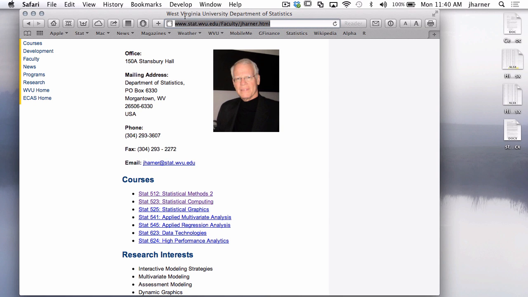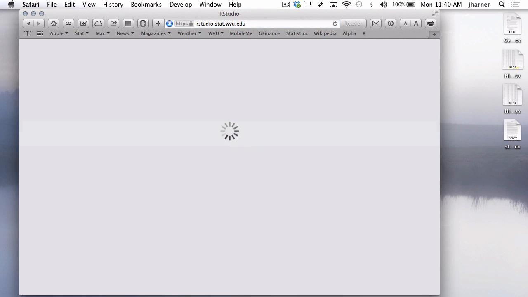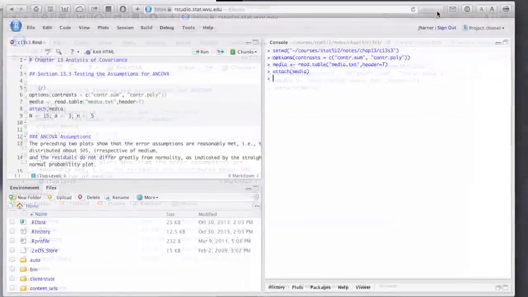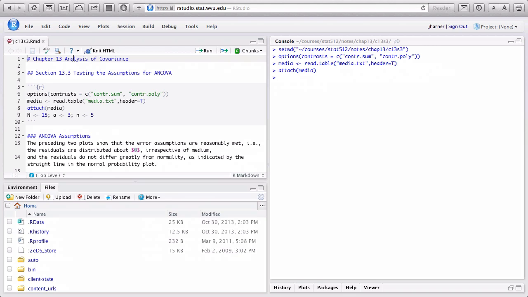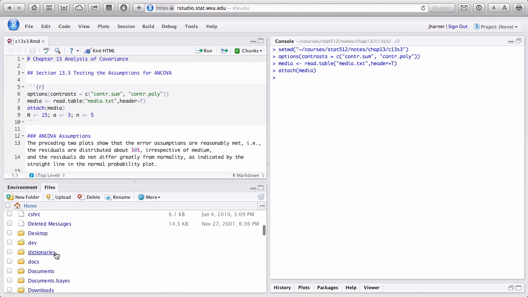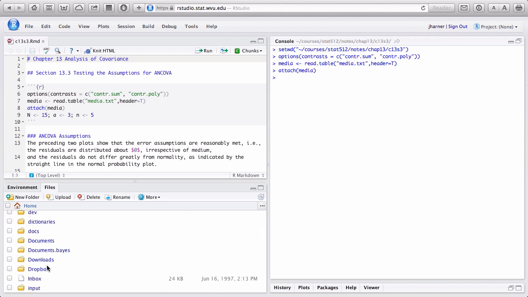Okay, we'll go into RStudio, and I guess I'm in the analysis of covariance. I'm not in the right place down here. It doesn't seem to remember where you are.